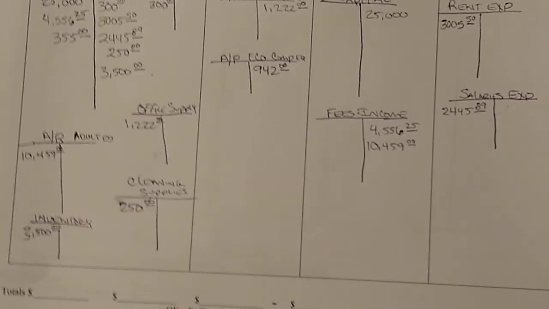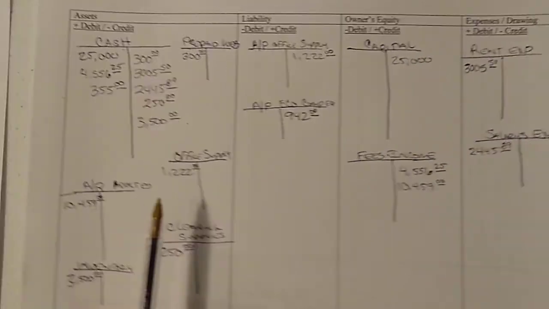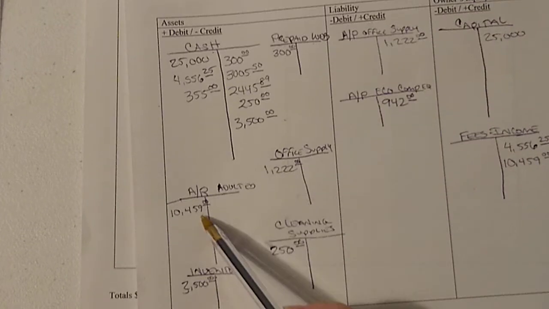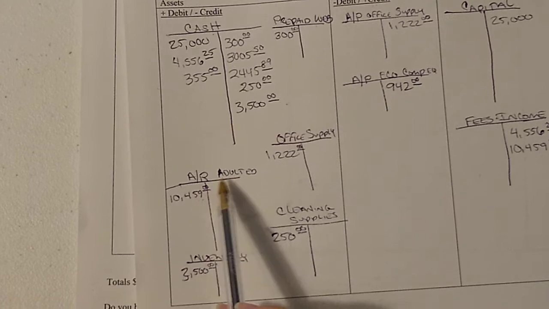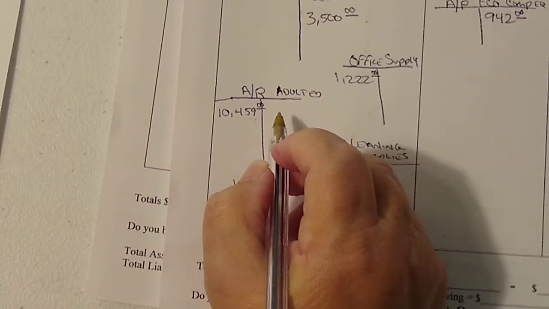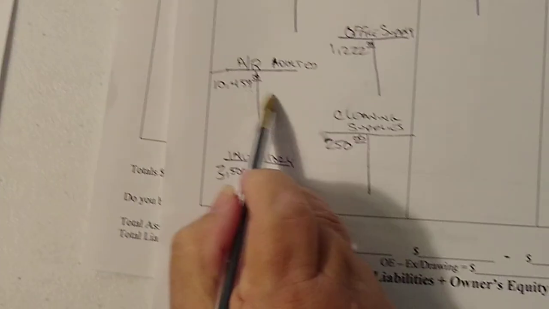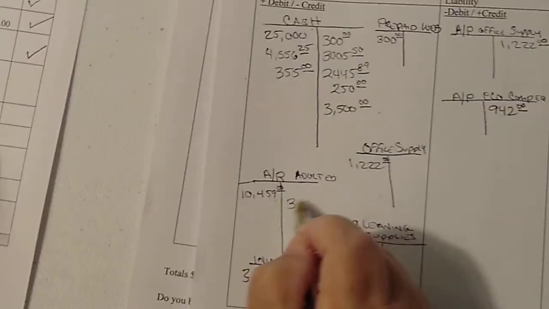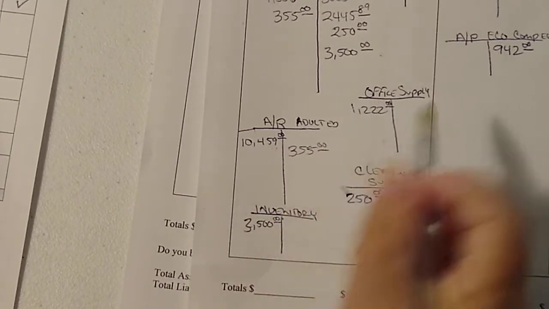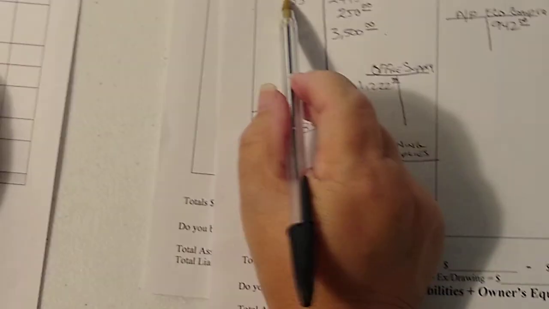Okay. What account gets credited? Well, we're going to go over here to our accounts receivable, the adult ed right here. And we're going to credit it, which means we're going to reduce this accounts receivable by $355. Again, we're just trading one asset for another.